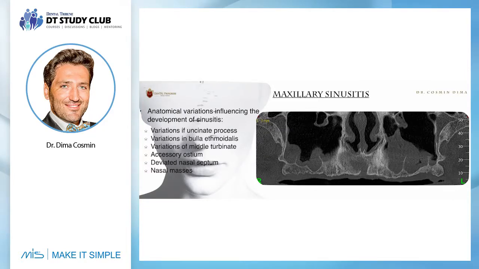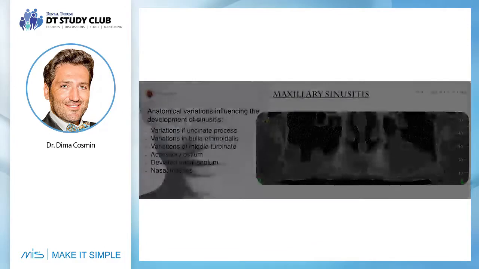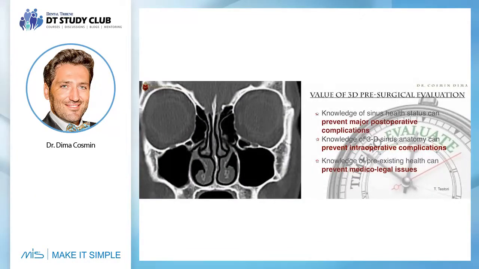That's why it's very, very important to have collaboration, and we have an ENT surgeon in our team also, and every time we start sinus lifting planning, we decide the plan all together, and I will detail the clinical cases a little bit later.